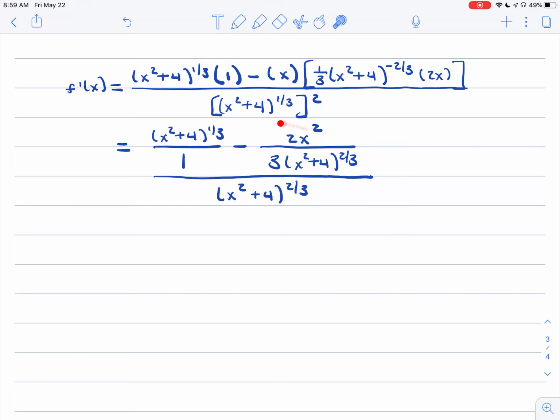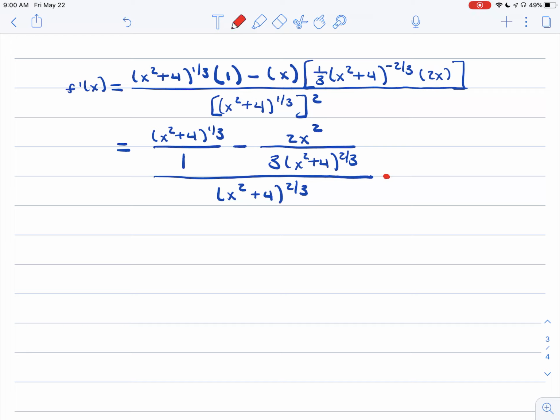Just like the previous example, we need to clean this up because we now have a fraction over top of a fraction. So instead of just getting everything over a common denominator this time, I'm going to multiply everything through by the LCD. Our LCD in this case would be this piece right here, the 3 times x squared plus 4 all raised to the 2/3.